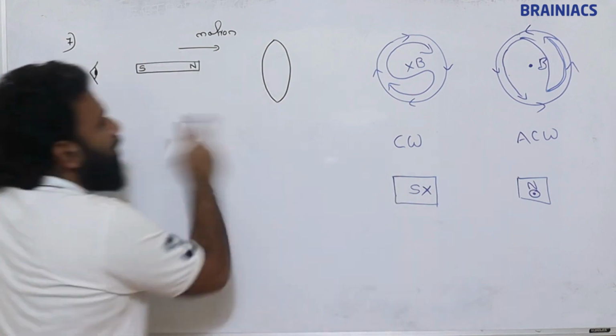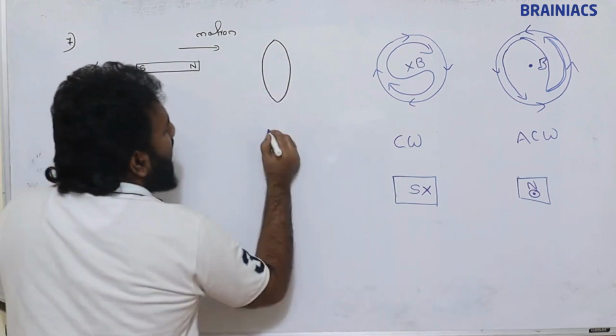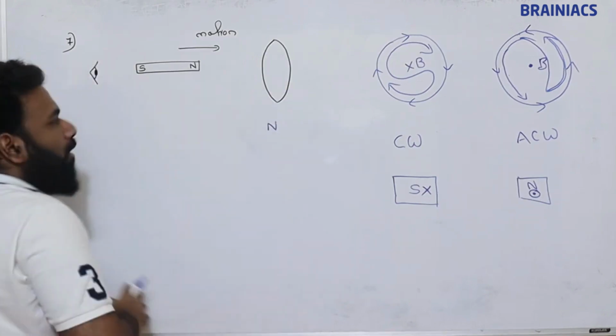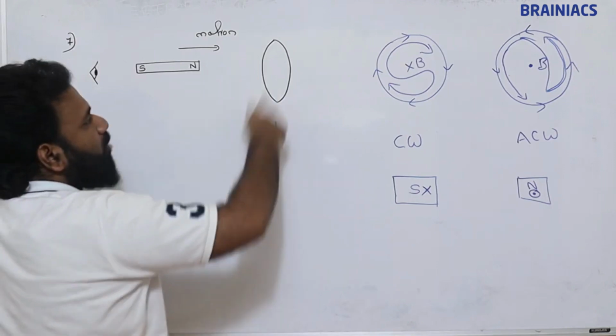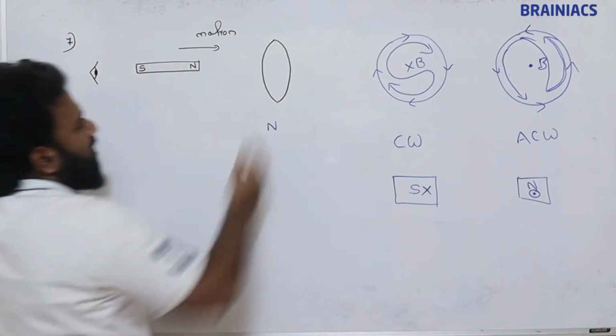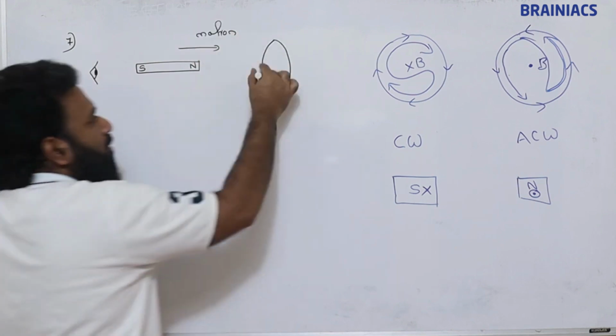So if north pole is coming, what should it do? It should make north pole here. In order to make north pole, what should be the direction of current? Direction of current should be anti-clockwise. So anti-clockwise means this way.